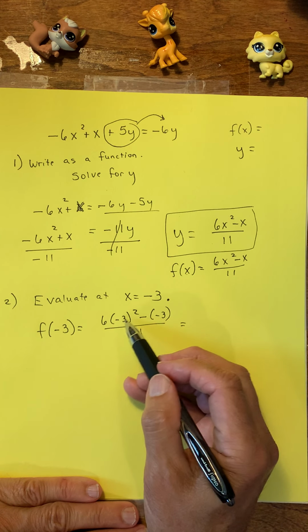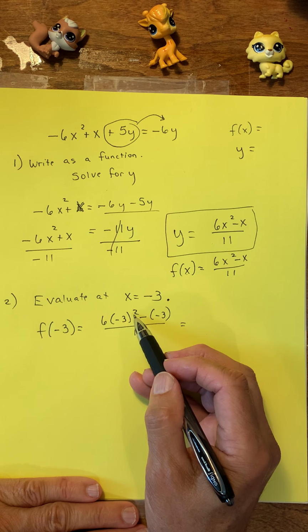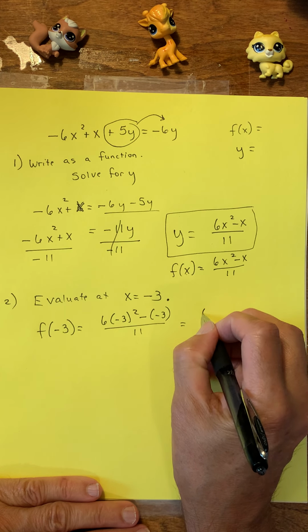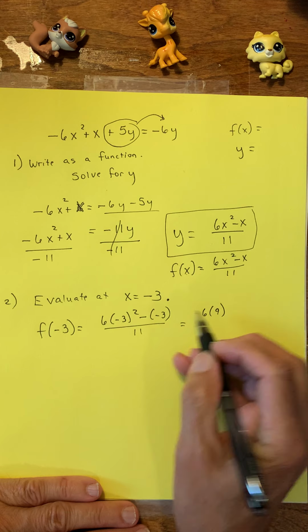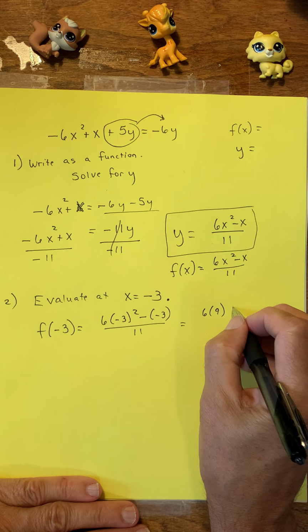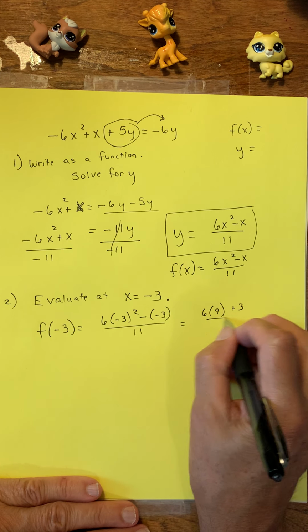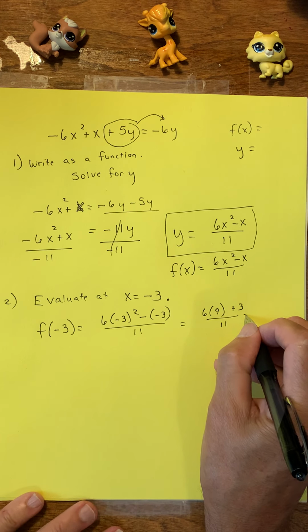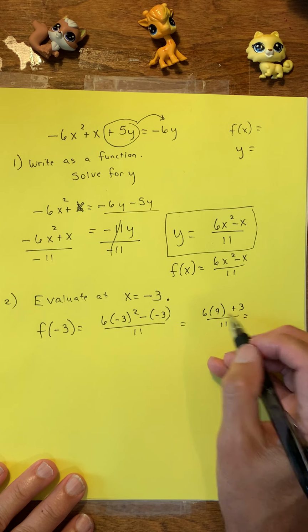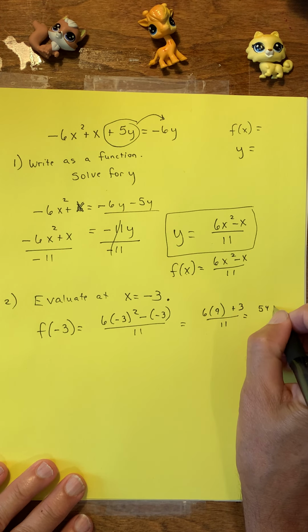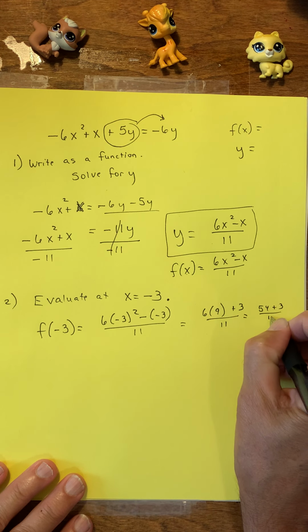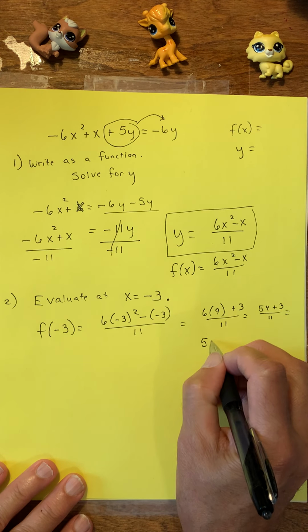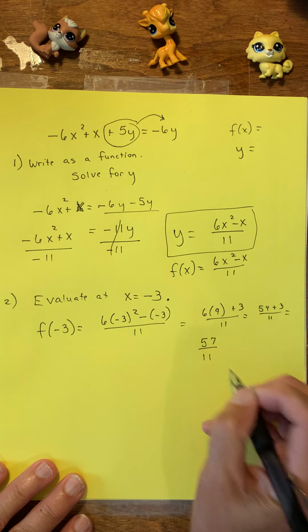All right, do my powers first. -3 squared is +9. Minus a -3 is +3, all over 11. 6 times 9, 54, +3 over 11. I get 57 over 11.